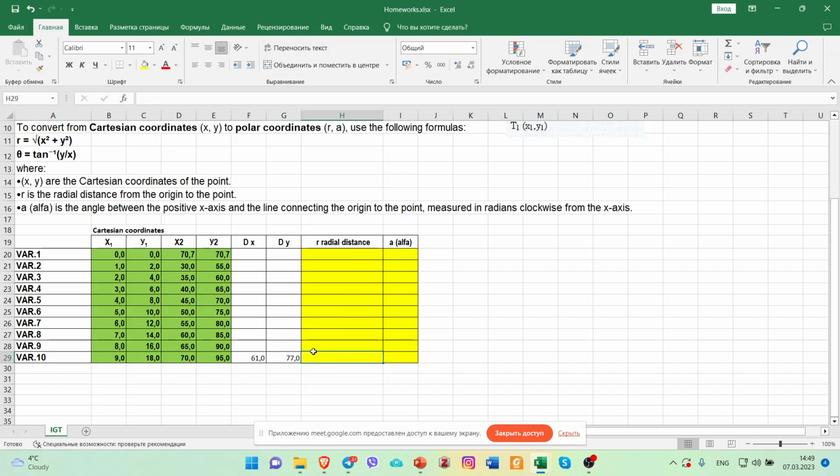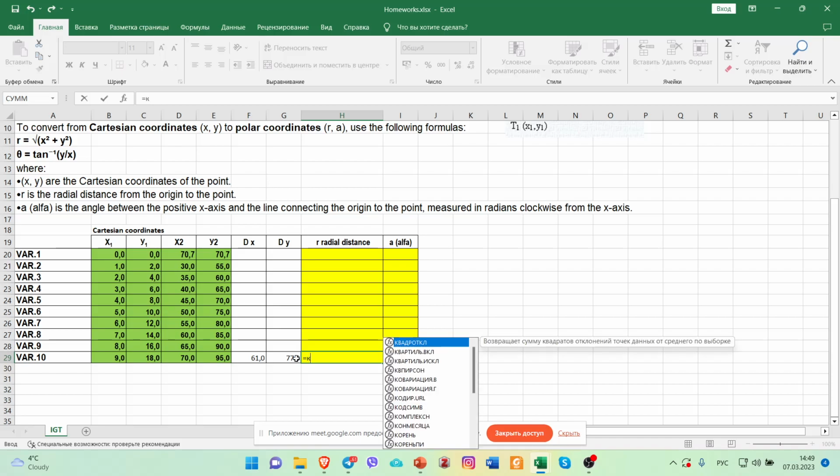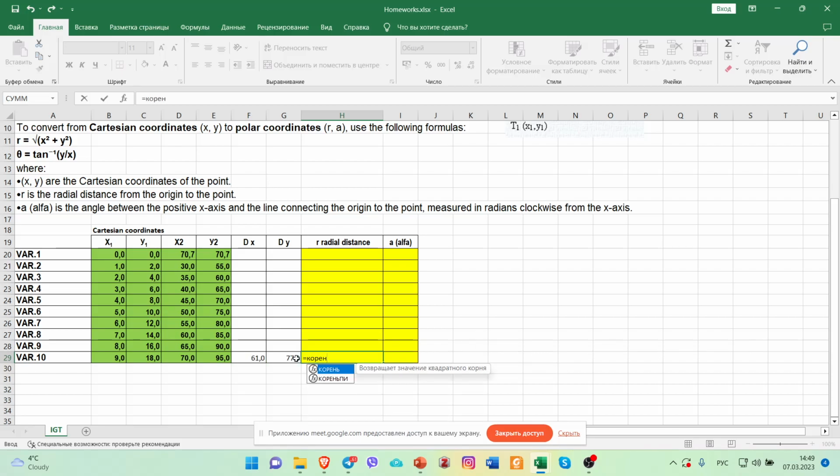Radial distance we can calculate using square root. Sorry, it does not work. You can use English interface. In Russian interface, it will be корень of the number.